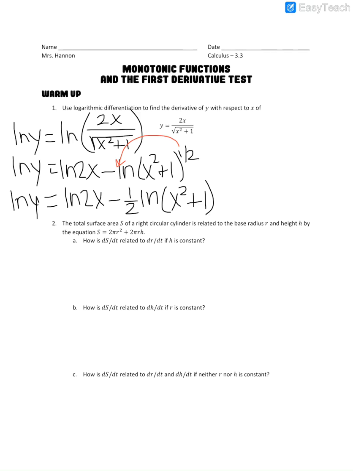So the derivative of natural log of y is 1 over y dy dx.